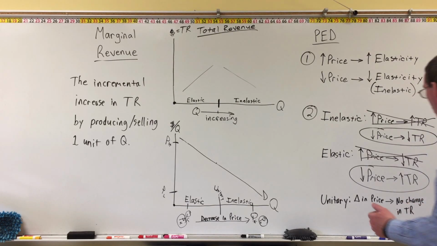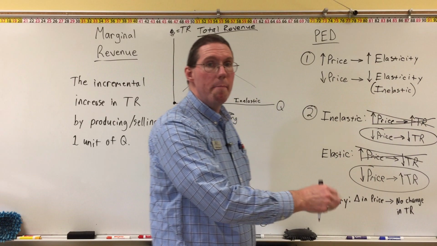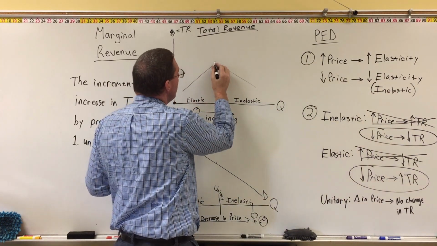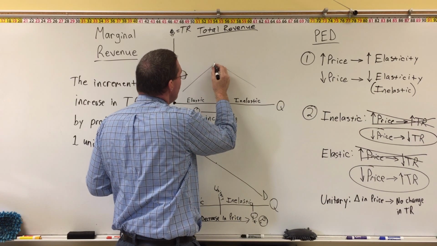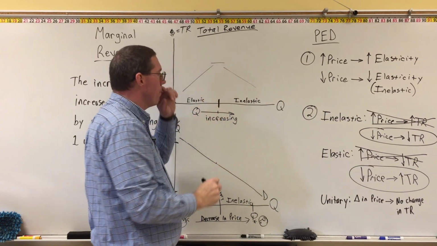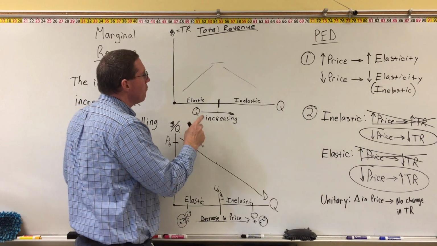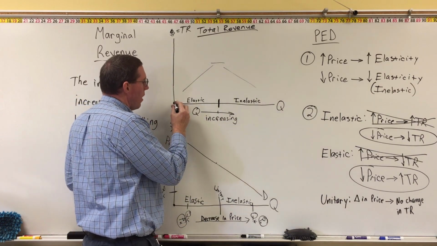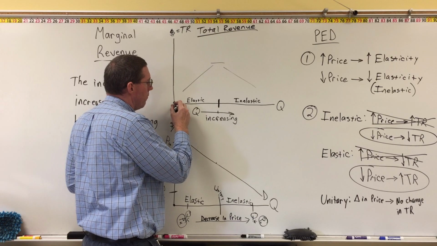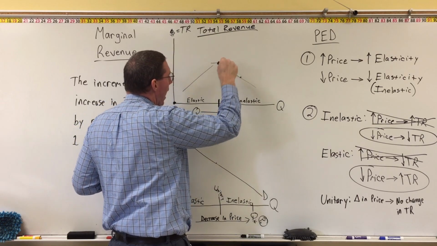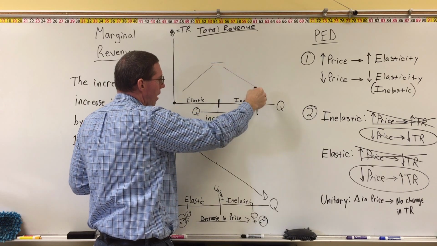And no change means flat. So at unitary, we know that the total revenue is not going to change at all. It's going to remain flat. So here's what we have to do. We have to draw a curve that starts at 0, goes up, then goes flat, and then goes down.